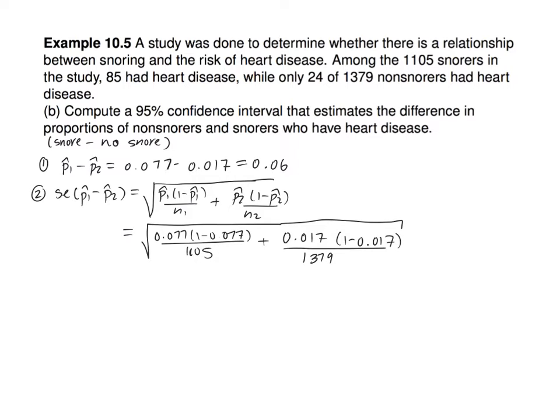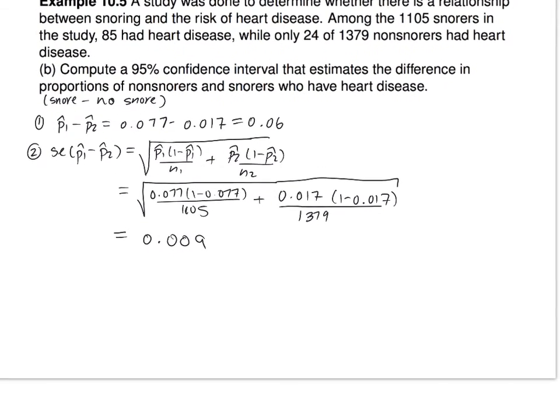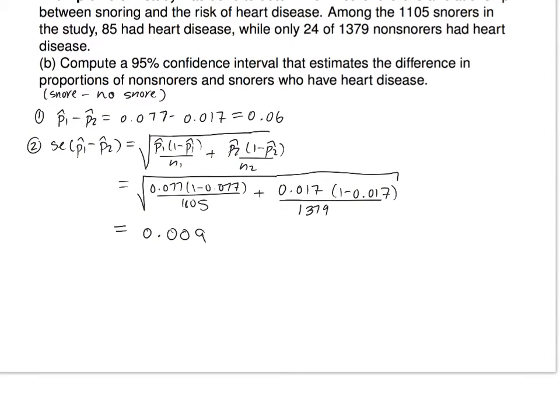So I got that this was 0.009. Officially I got 0.008 something, but that rounds to 0.009. Did you get the same thing? The difference is 0.06.